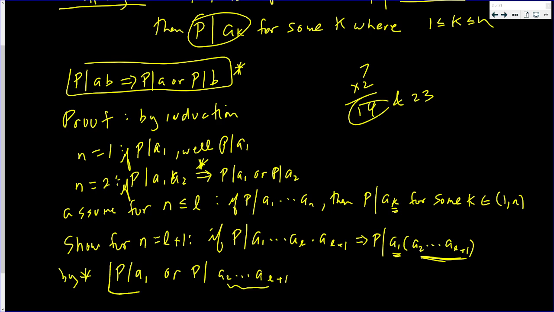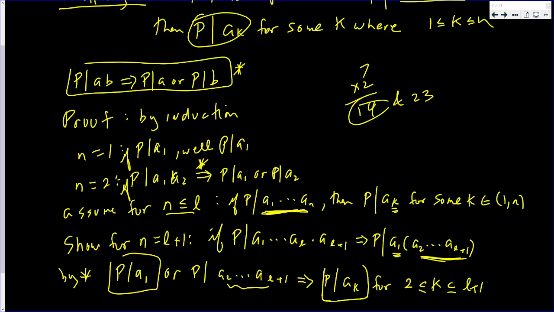So P divides A1, but this one implies that, remember, if n is less than L, P is going to divide one of them. This implies that P divides Ak for k in between 2 and L plus 1.